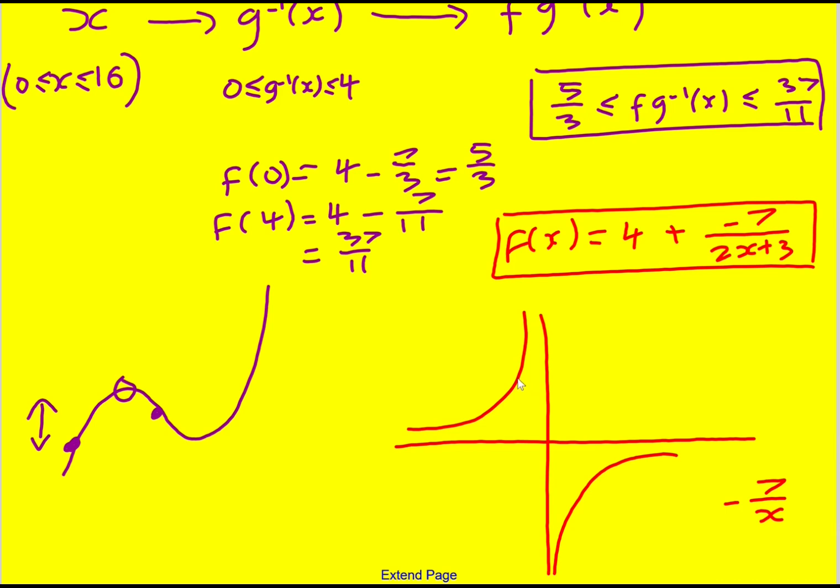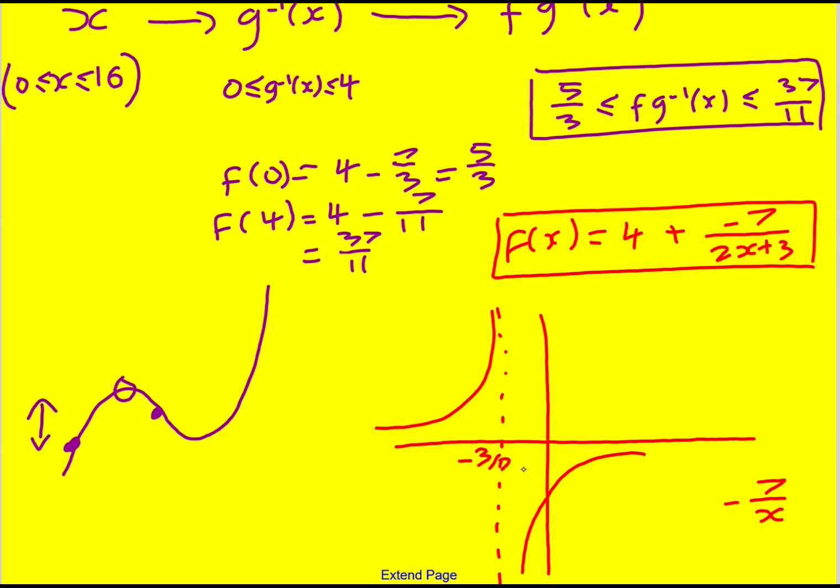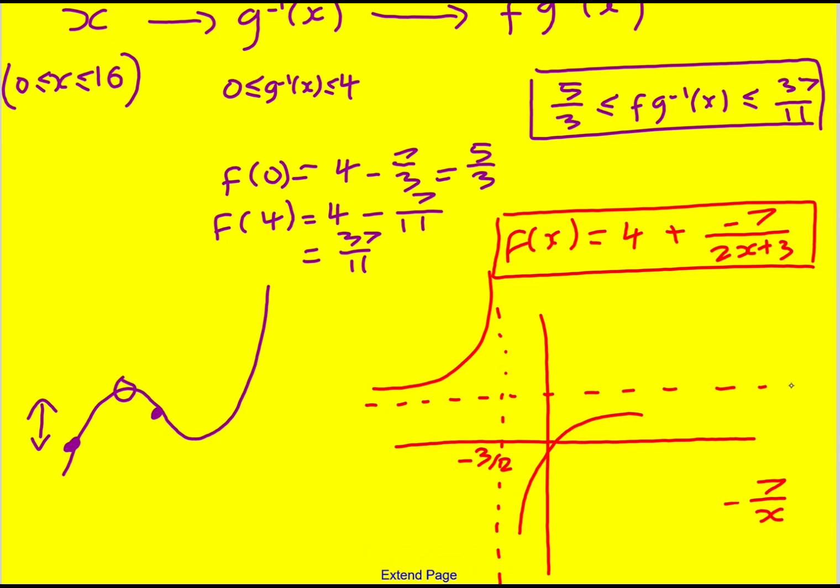So it is ultimately going to be this sort of translation and stretch. At the moment, the asymptote would be y equals 0, but when I add 4, it's going to move on up to 4. So that's what the function is going to look like, thinking about the transformations.